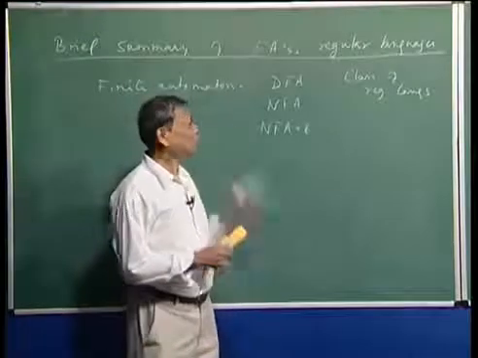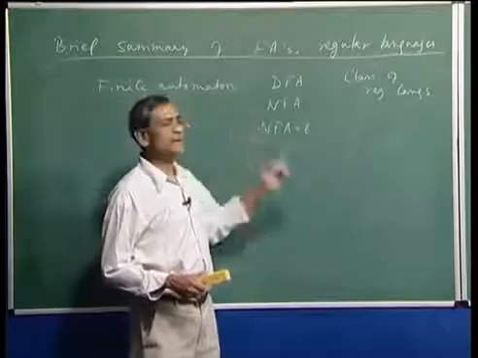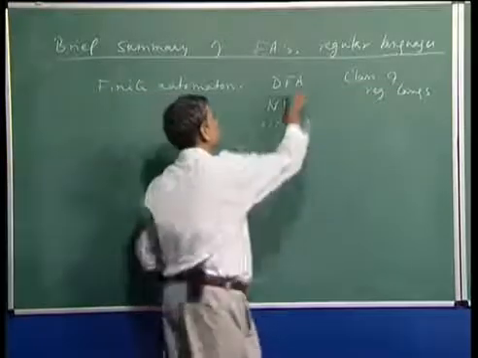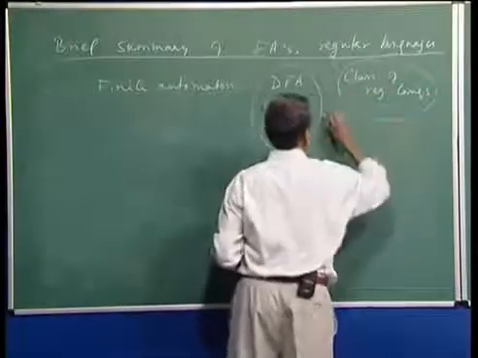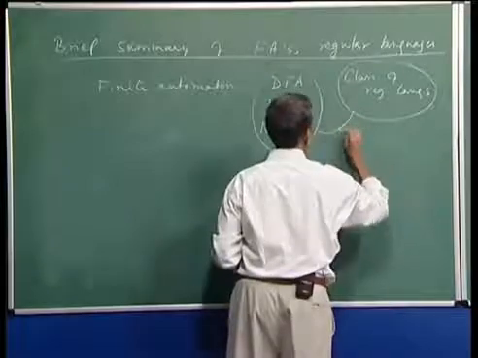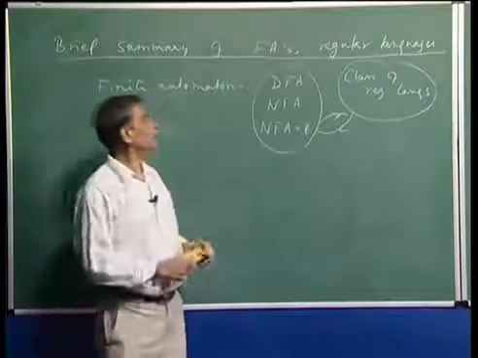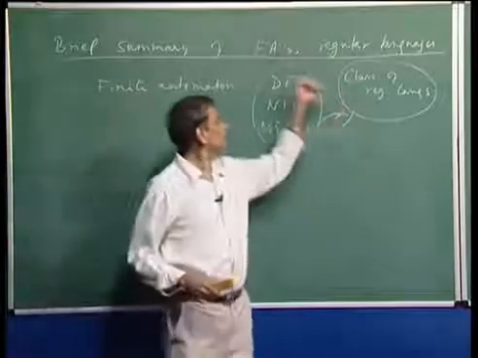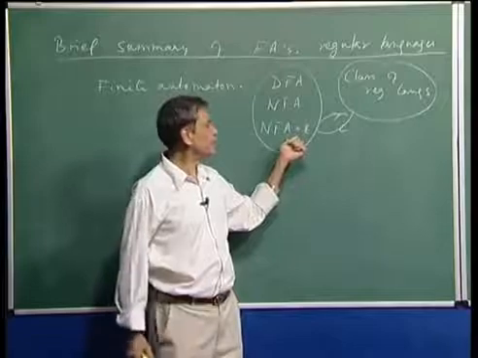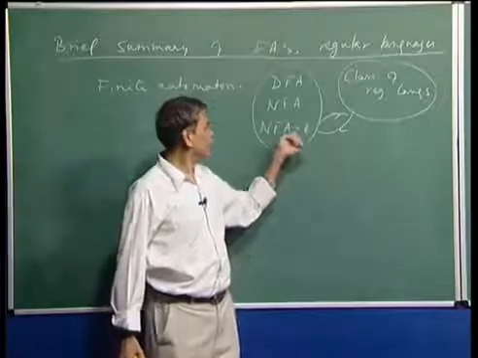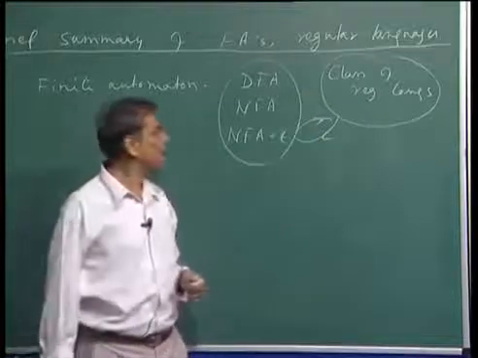What we found is that all these machines accept precisely the same class of languages. So, given a regular language, you can make a DFA or an NFA or an NFA with epsilon transition, and similarly, from any of these you can go back to a regular language.